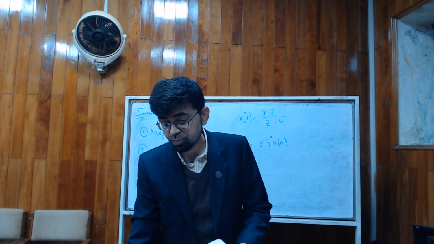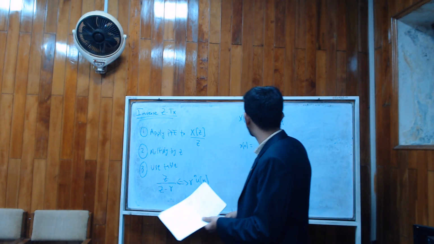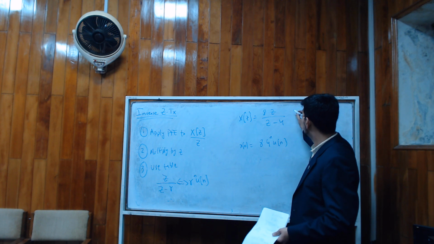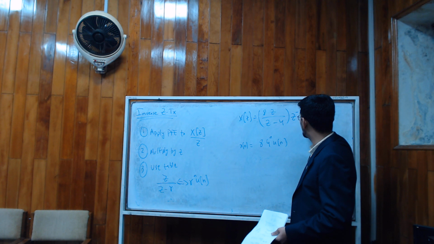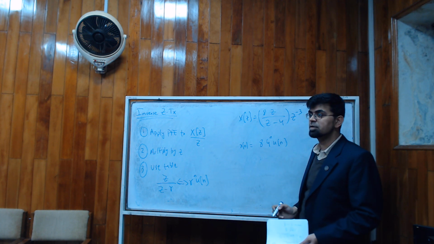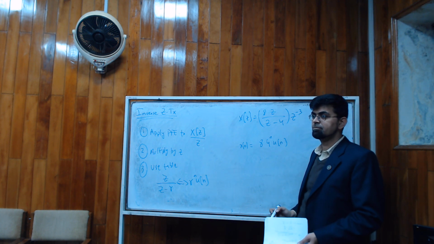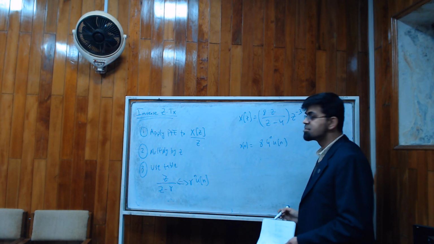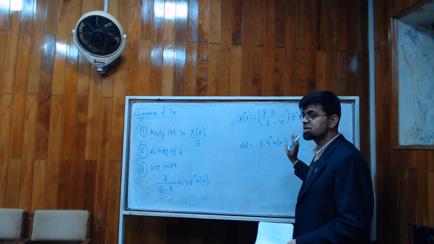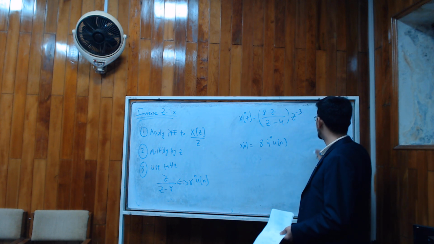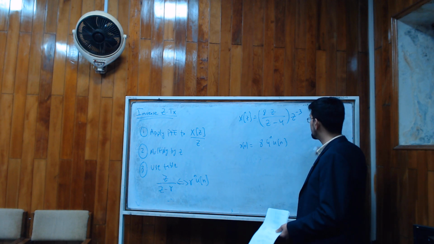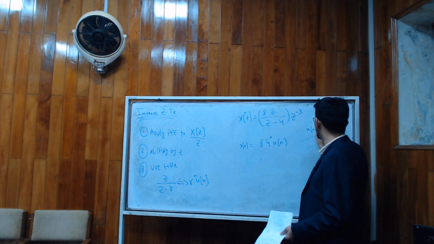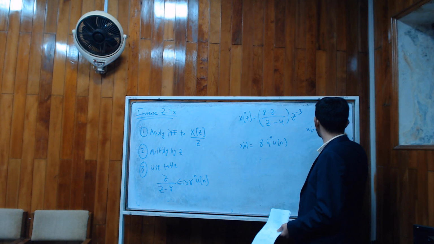Just to make it even more interesting, what would be the inverse Z transform of this? Without even using any of these, first let's start with the shifting property. x(n minus m) corresponds to z^(-m) times X(z).